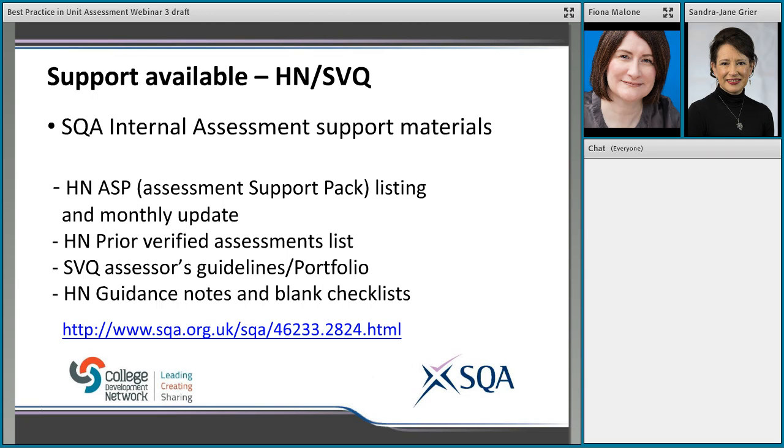Now, to access some of these materials, particularly the ones that are on the SQA website, please remember that you'll have to go through your SQA coordinator within your college. But this particular link will at least give you an indication of what is available, so you know exactly what to ask for, and that is hugely helpful.